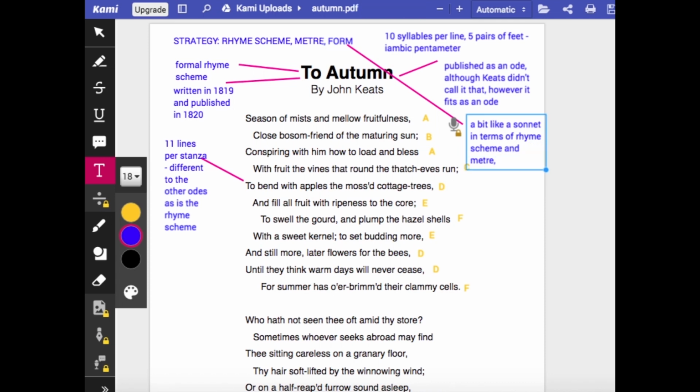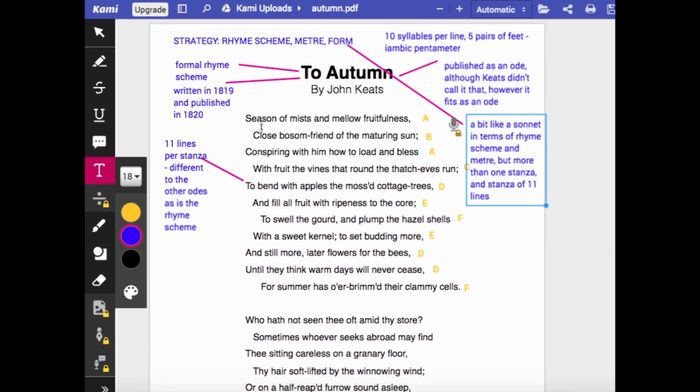So we've got something to say. It's a bit like a sonnet. It's got more than one stanza. It's got a formal rhyme scheme. It works in iambic pentameter, and it is a song of praise or a poem of praise to a particular season. So not an abstract concept like indolence, nor a thing like an urn, but a season.